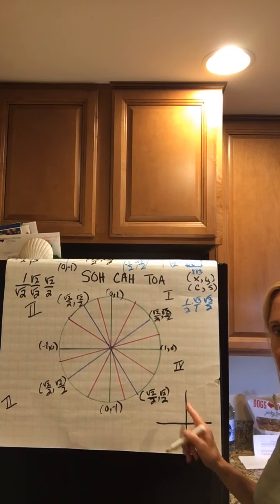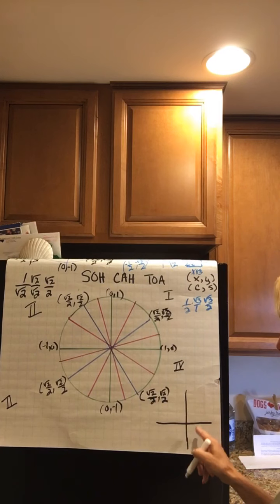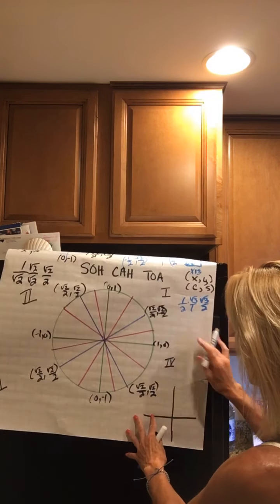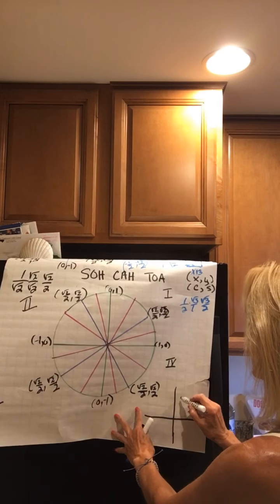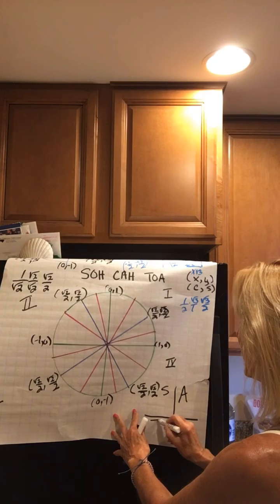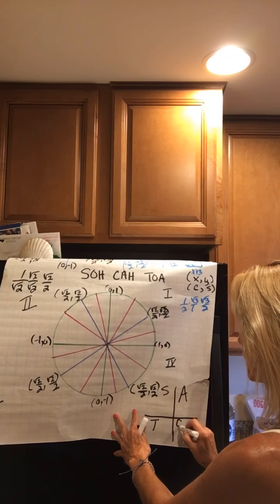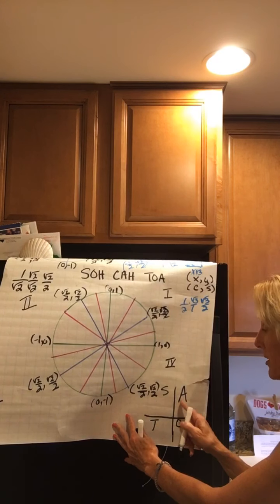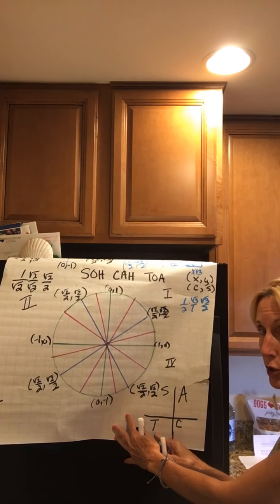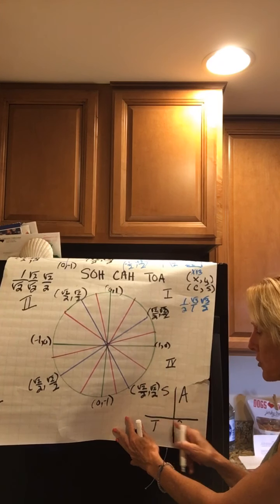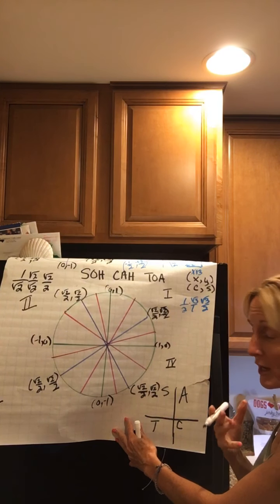I've got this little coordinate plane down here. The acronym is ASTC. And it stands for All Seniors Turn Crazy. All seniors turn crazy. Okay, that's the little saying for it.